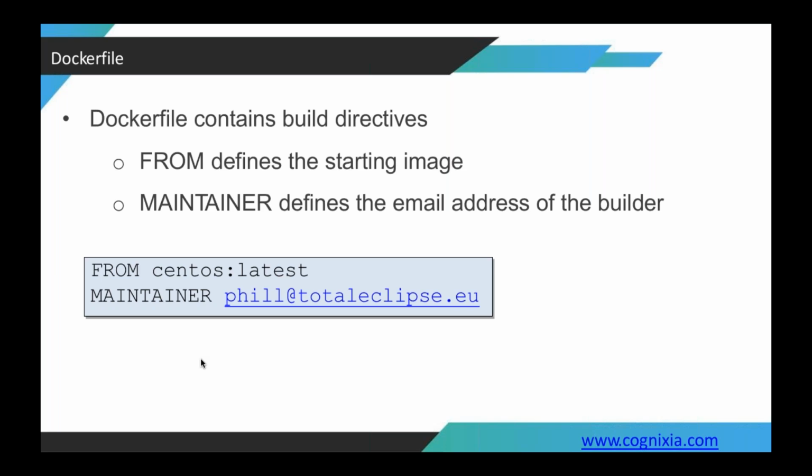Over that base image you can specify the maintainer. The maintainer is basically the person who is responsible for that image. You can put your email ID so that anyone who is using that image can reach out to you, because you have created that image, if they want any changes.